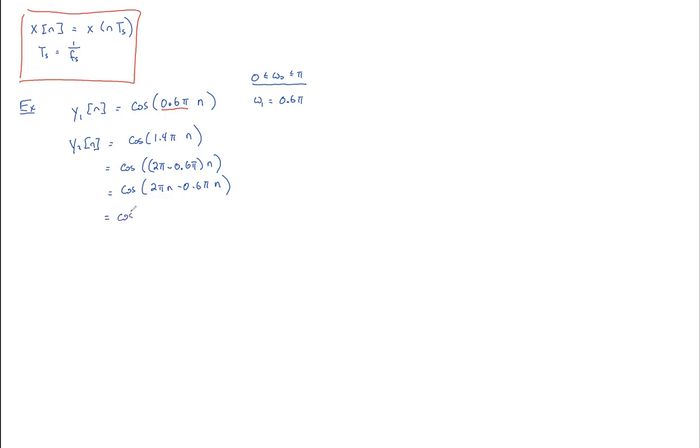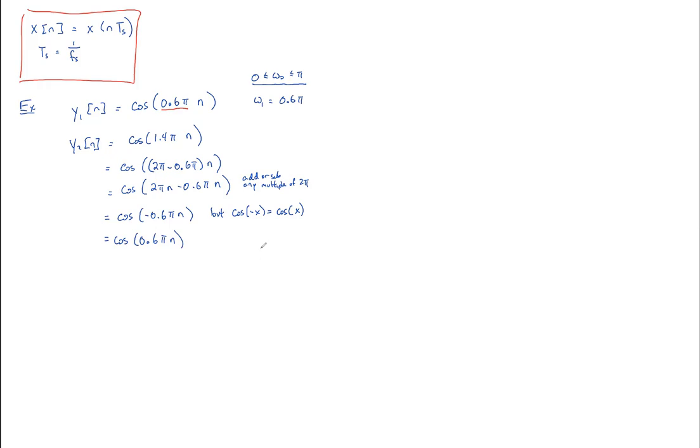So that's got to be the same as cosine of minus 0.6 pi n, right? You can add or subtract any multiple, even if they're different multiples every time, of 2 pi and not change your result. But remember that cosine is even, so cosine of minus x equals cosine of positive x, and therefore this equals cosine of positive 0.6 pi n.